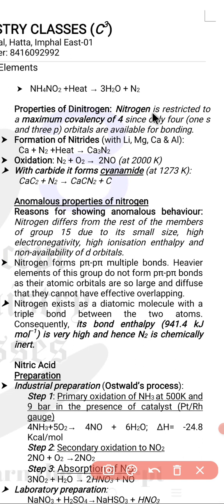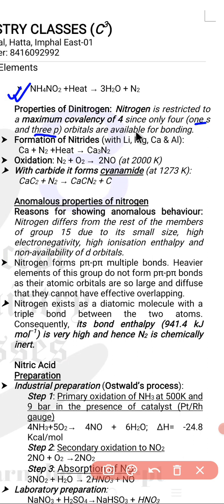Nitrogen is restricted to a maximum covalency of 4. This is very frequently asked in exams, in both CBSE and council exams. The question will be why. The answer is that only 4 orbitals, 1s and 3p, are available for bonding in nitrogen.